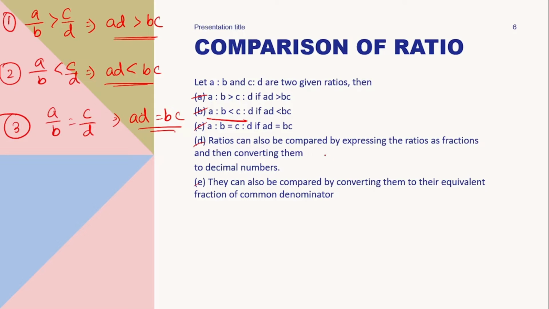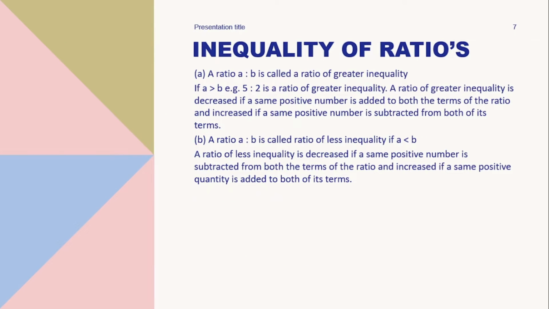In this part I can simply write a is to b as a by b. Okay, let's go for the next part, inequalities of ratio. This is not so important. I have put this theory for you in this slide, so take a snapshot from here.